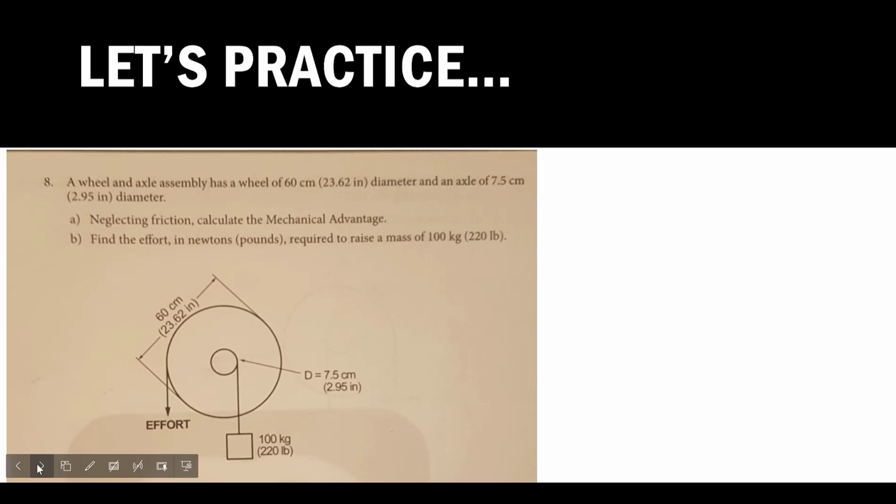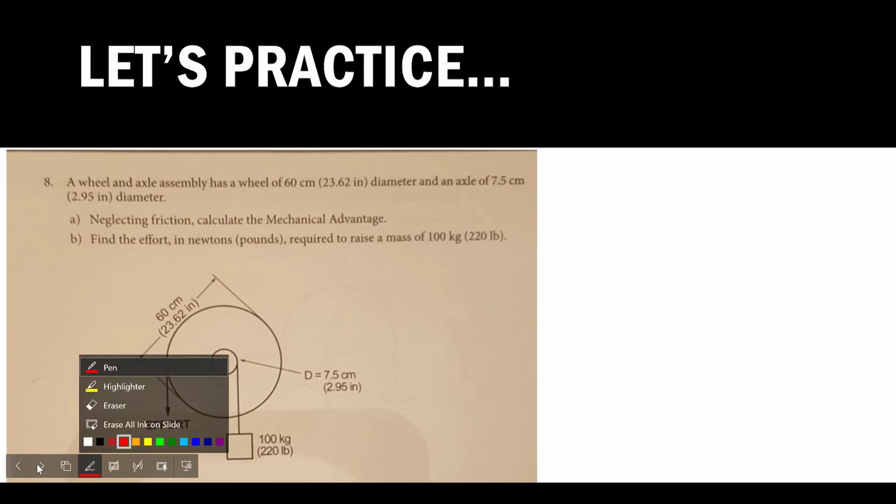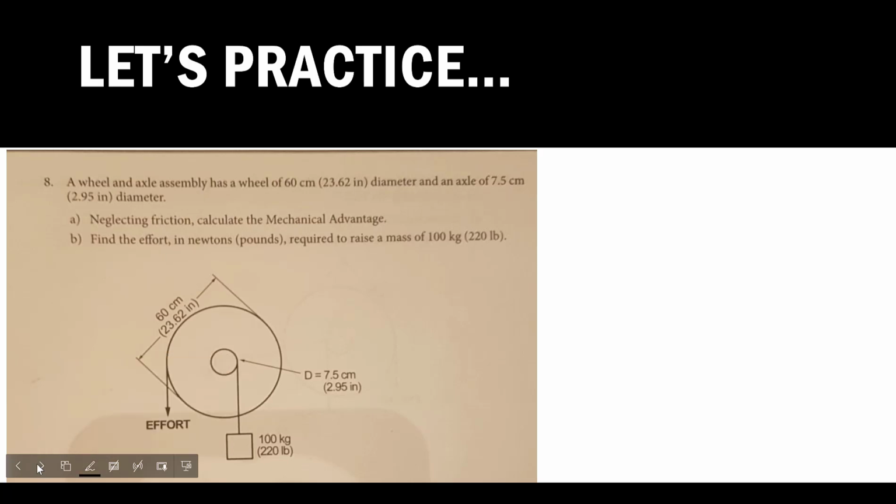So here's a typical example of a wheel and axle problem. A wheel and axle assembly has a wheel of 60 centimeters in diameter and an axle of 7.5 centimeters diameter.